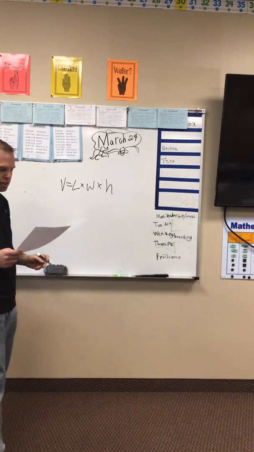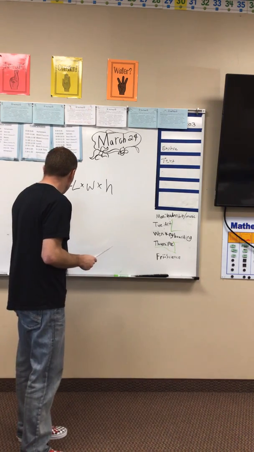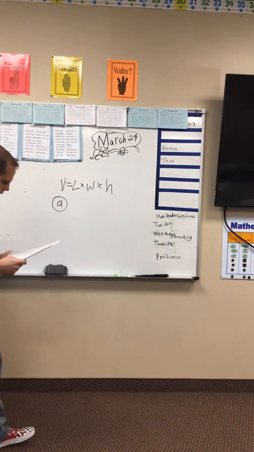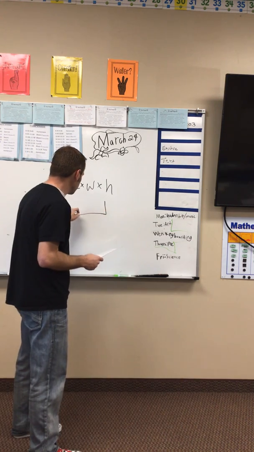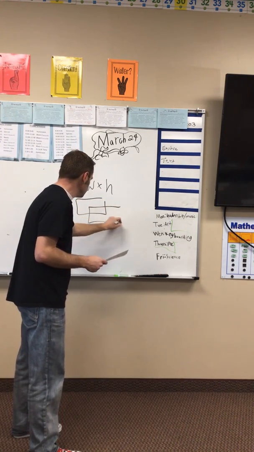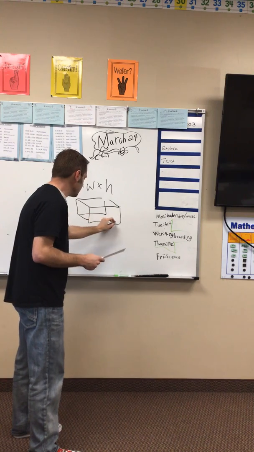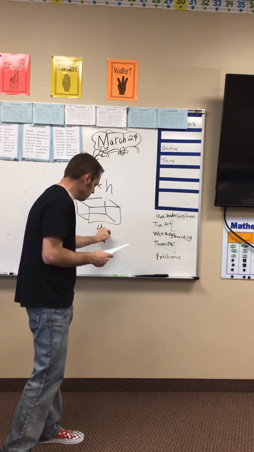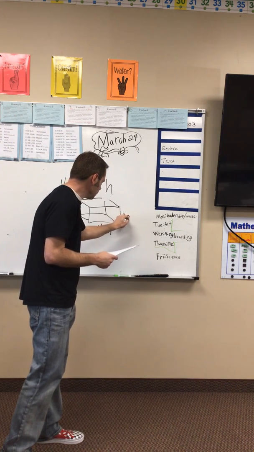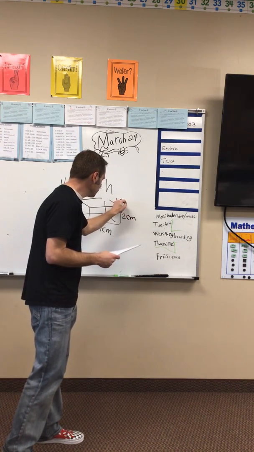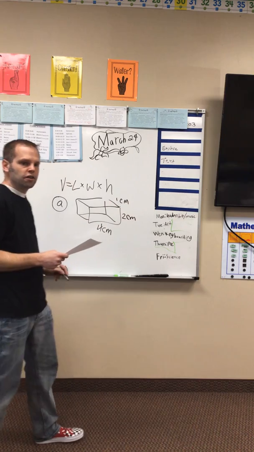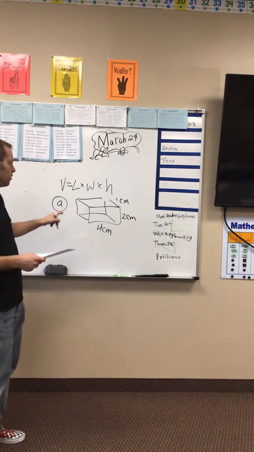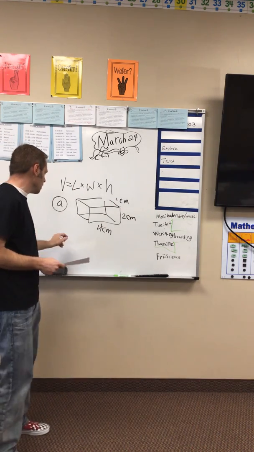Looking at your challenge, I've got A. I'm going to do one for you on the board. I've got a 3D prism, looks something kind of like this. It has measurements of 4 centimeters, 2 centimeters, and 1 centimeter. How nice are they to put that one there? I'm going to follow my formula and plug in what I know.